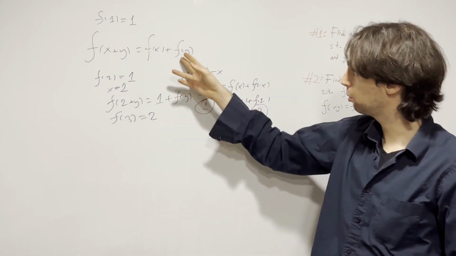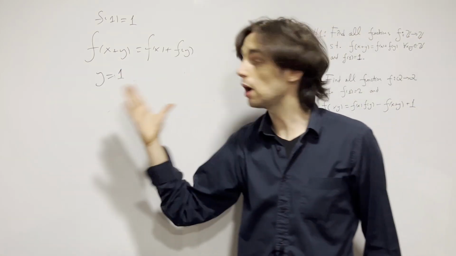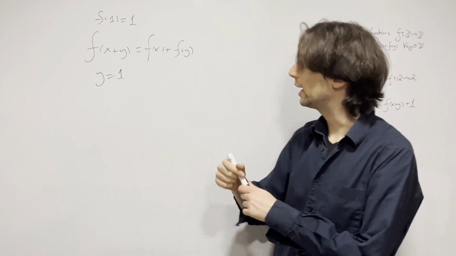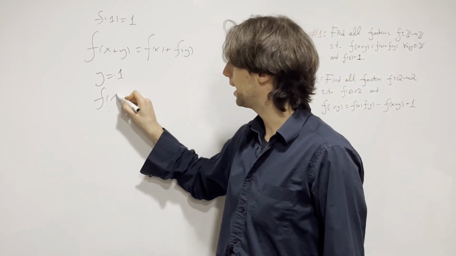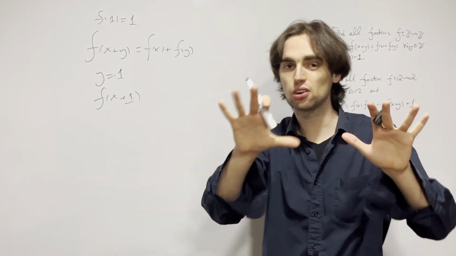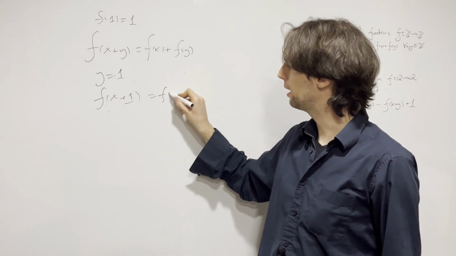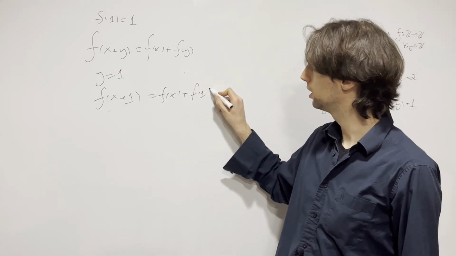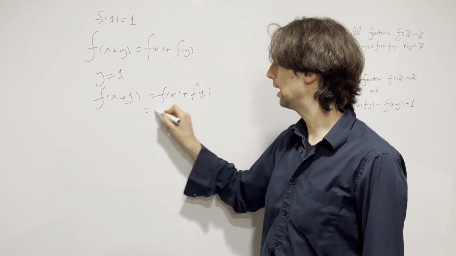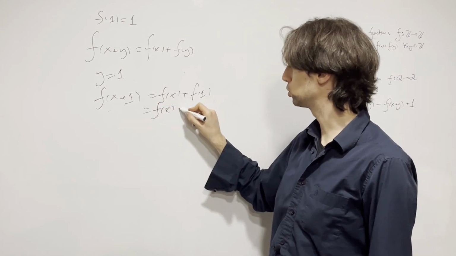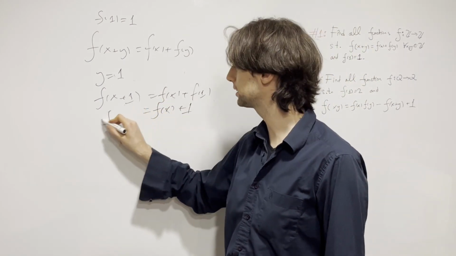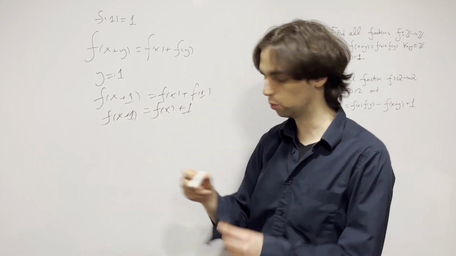And here, for example, when we plug in y equal to 1, what do we get? We get that f of x plus 1 for every integer x is equal to f of x plus f of 1. f of 1 is 1, so we have f of x plus 1 is equal to f of x plus 1.